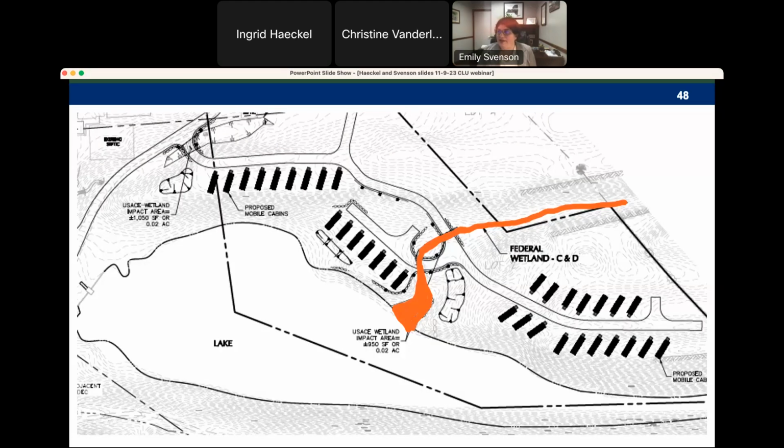So in this case, it looks kind of like the project designer didn't really try to avoid that stream. They put two crossings across it to get to an area where they wanted to build, and they were easily able to get a permit for that.